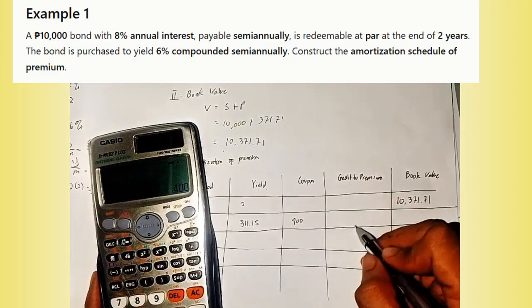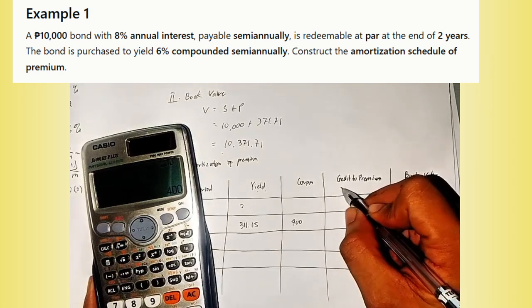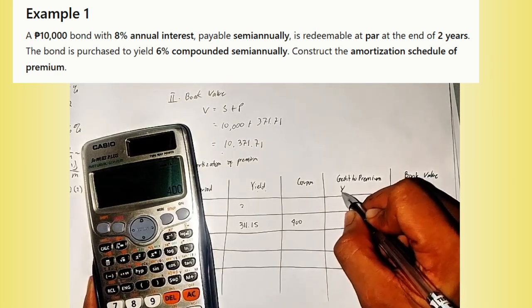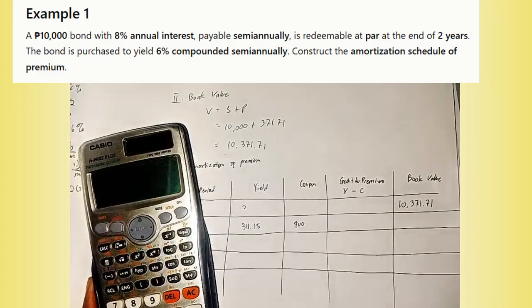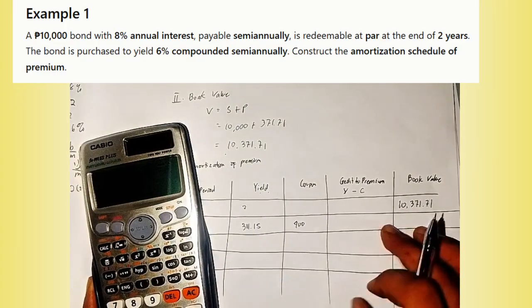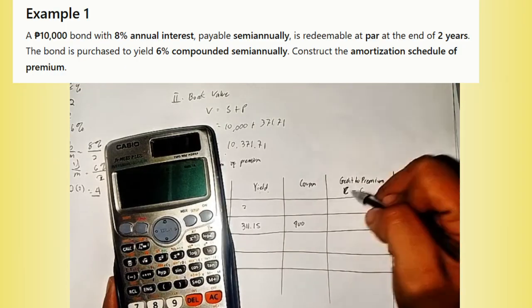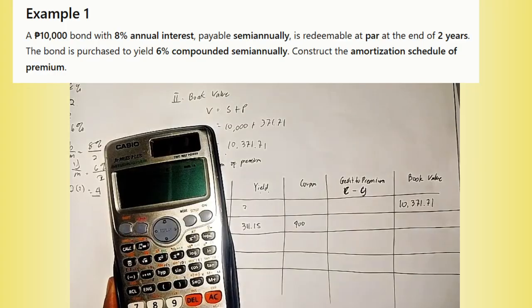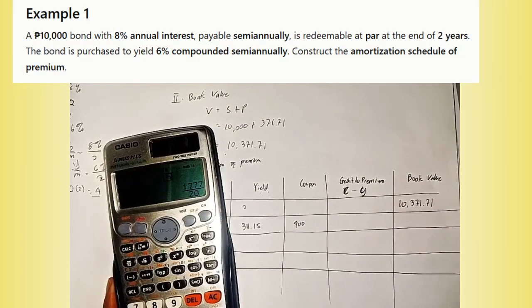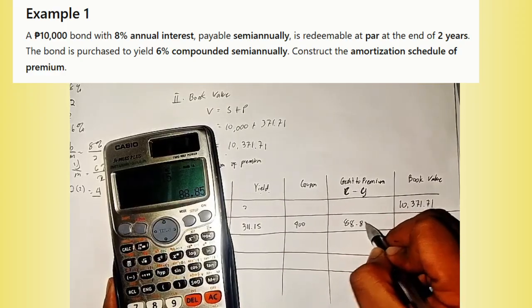Now, credit to premium is coupon minus yield. So 400 minus 311.15, basically 88.85.